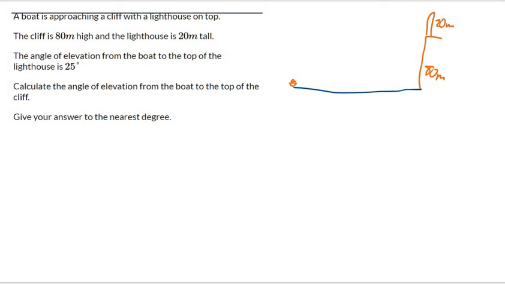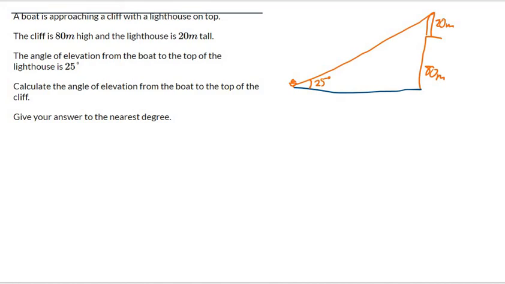So let's join up from the boat to the top of the lighthouse. The angle of elevation goes from the horizon upwards. That's 25 degrees.